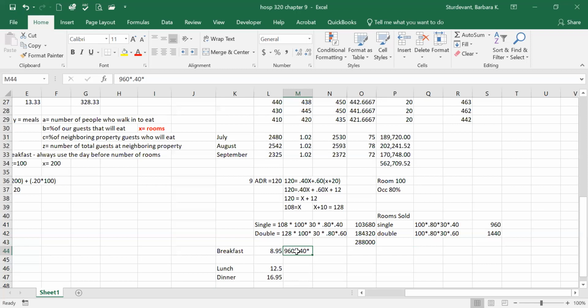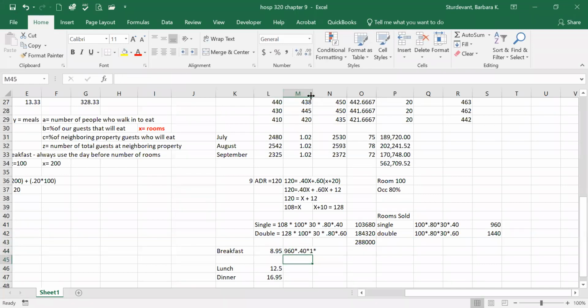So that's only one person, right? One person per single room. So we're going to multiply by people. So I'm going to put it in there. So one person times the 895. All right, let's just leave that.